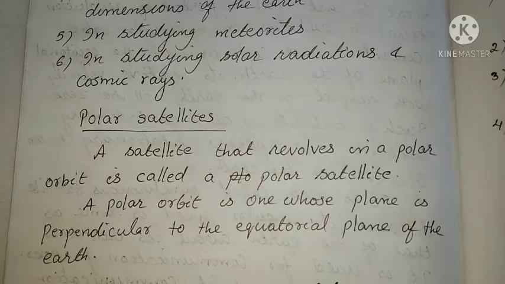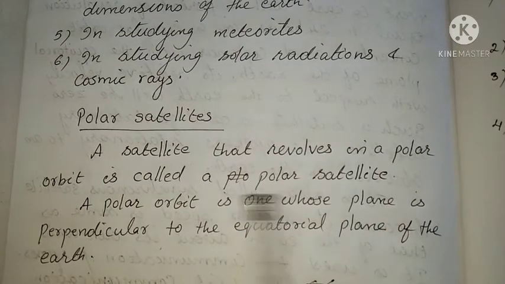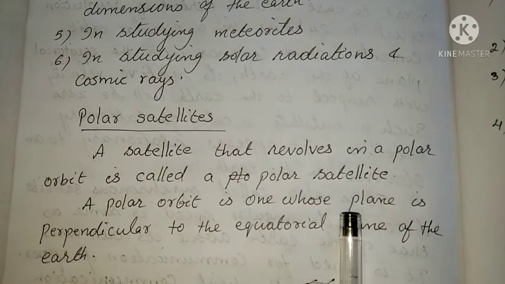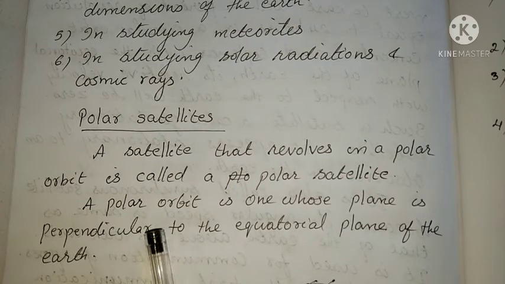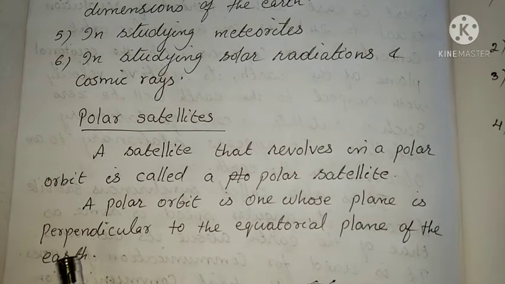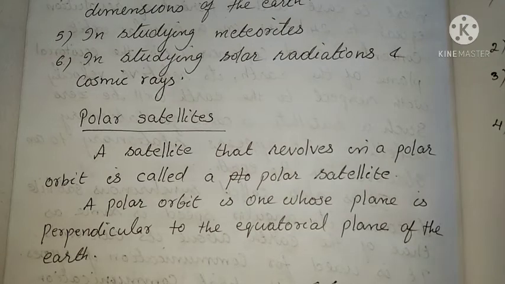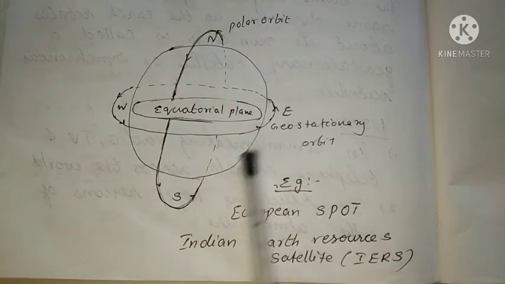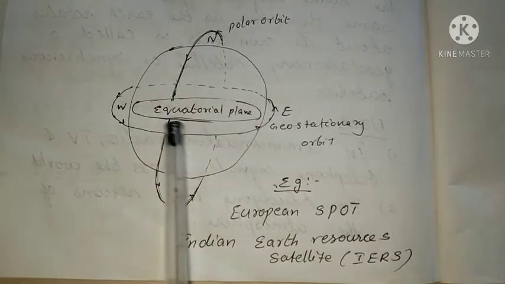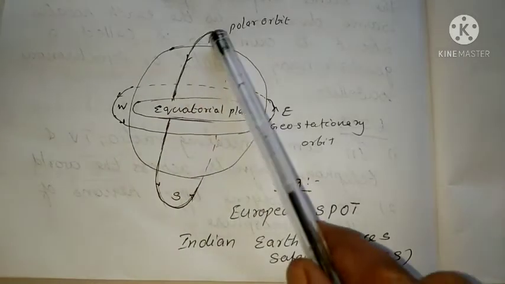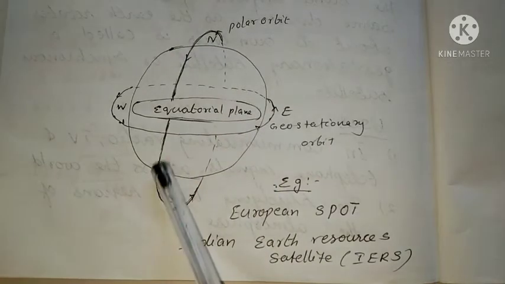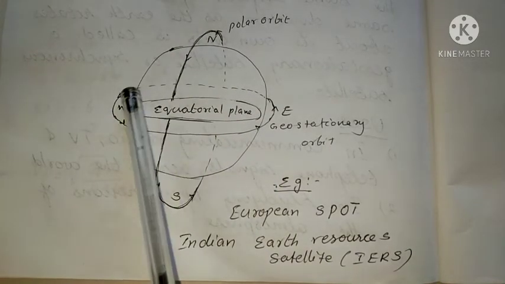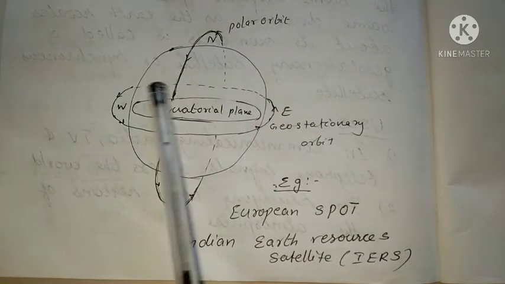Okay. Polar satellite. A satellite that revolves in a polar orbit is called a polar satellite. A polar orbit is one whose plane is perpendicular to the equatorial plane of the Earth. This diagram shows the Earth, then this is the equatorial plane, and the polar orbit is perpendicular to the equatorial plane, and this is the geostationary orbit.